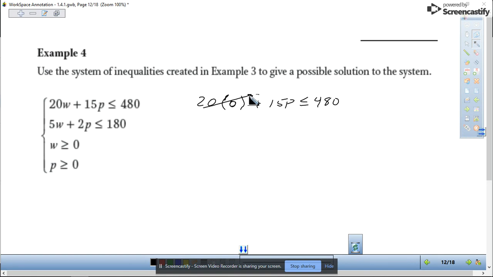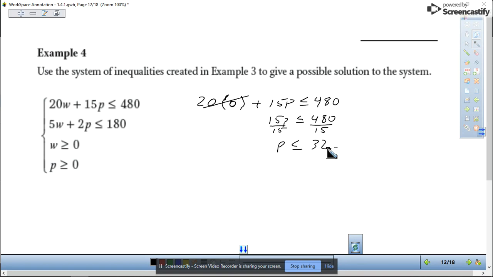This first thing goes away, and we're left with 15P is less than or equal to 480. And divide by 15, and then you get P is less than or equal to 32. Okay?